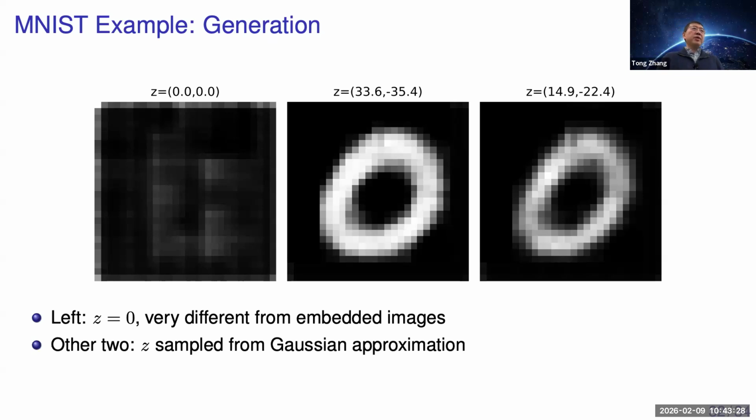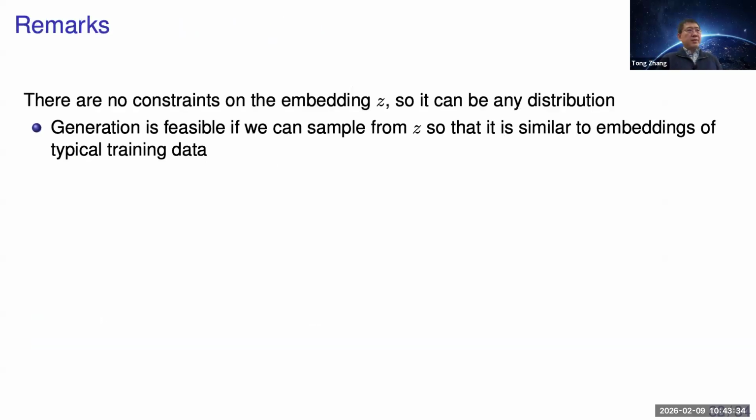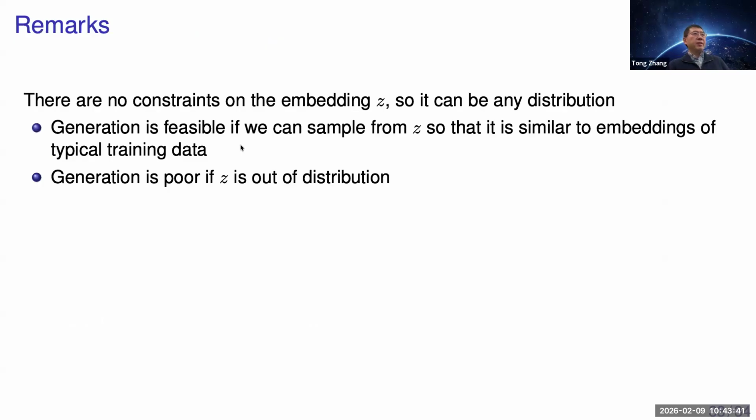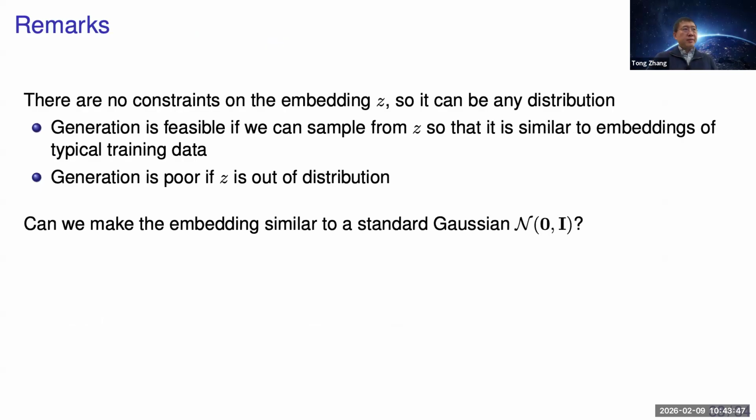But you want this distribution to be standard Gaussian so that I can sample from the standard Gaussian and generate the image. That's generally feasible if it's similar to the embedding of typical training data. Generally, the problem is out of distribution. For example, if 0 is out of distribution, then you cannot generate well, right?